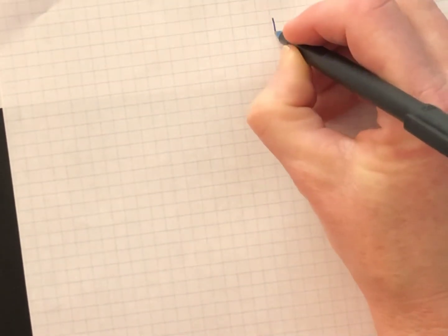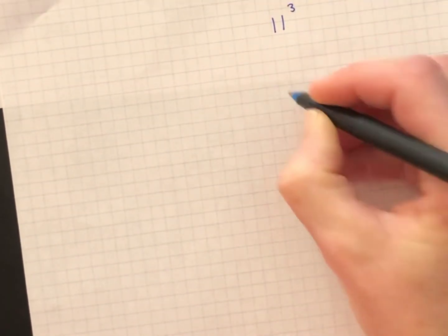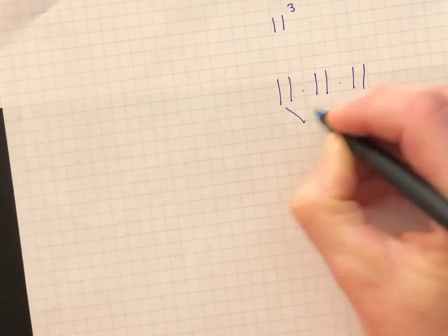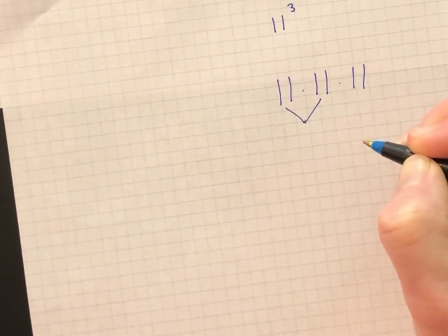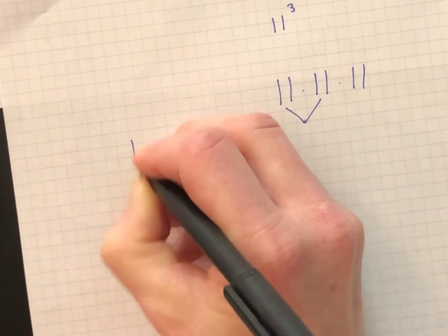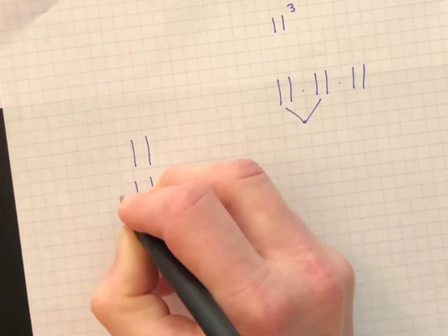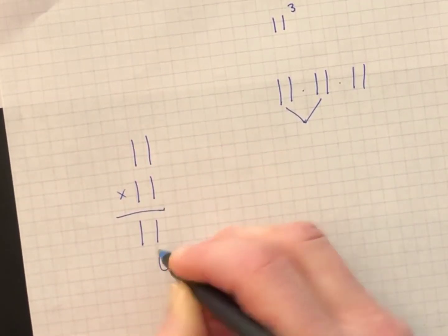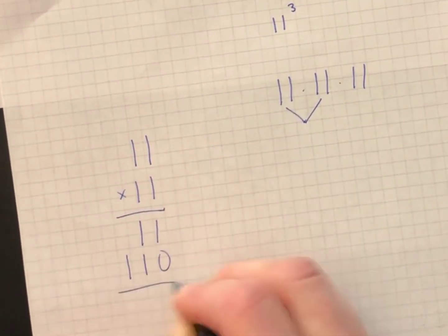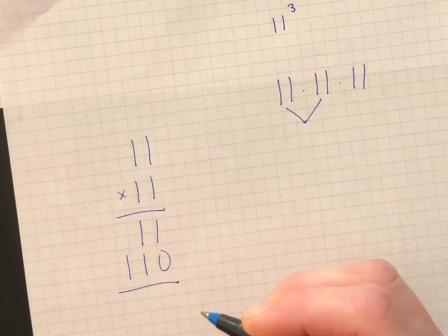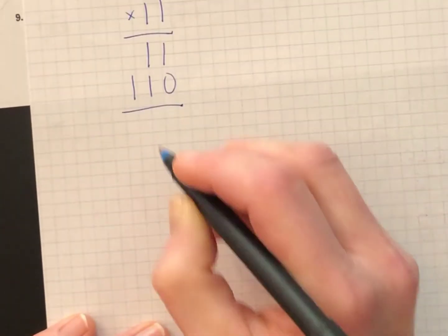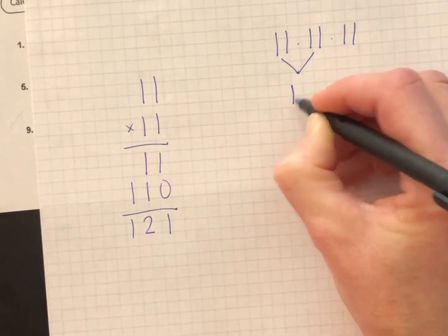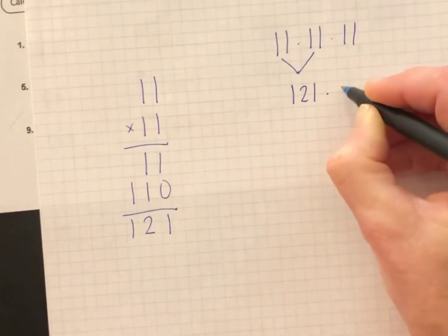So let's try 11 cubed. That would be 11 times 11 times 11. Well then, 11 times 11 is 121 times another 11.